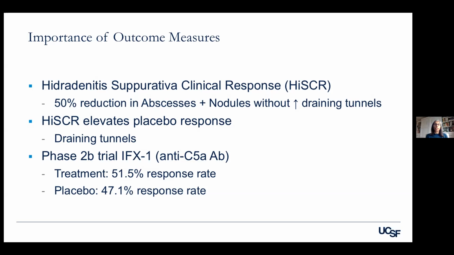This tool has really been shown to artificially elevate placebo response and has led to this spectacular failure, most recently, of a first-in-class monoclonal anti-human complement factor C5a antibody that held great promise for HS.